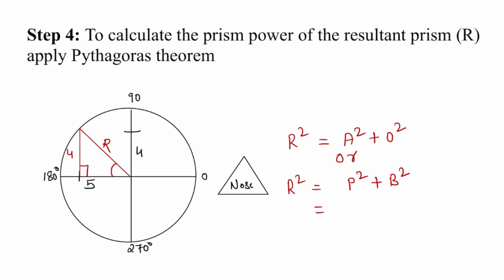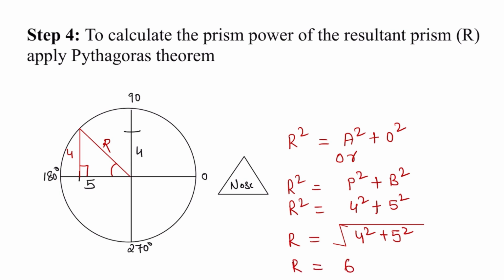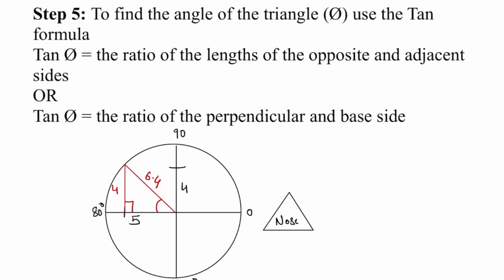Perpendicular in our case is 4, so it will be 4 square plus 5 square, and r will be the square root of 4 square plus 5 square. So r will be equal to 6.4 prism diopter. So now we have found this side, which is equal to 6.4.